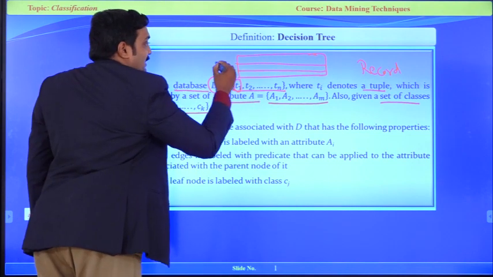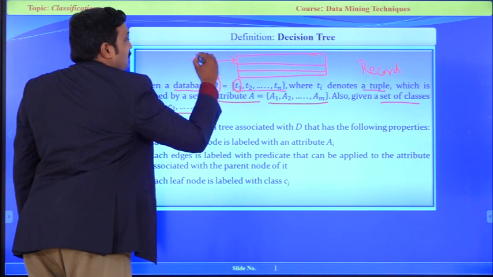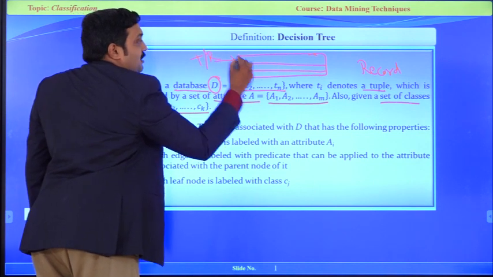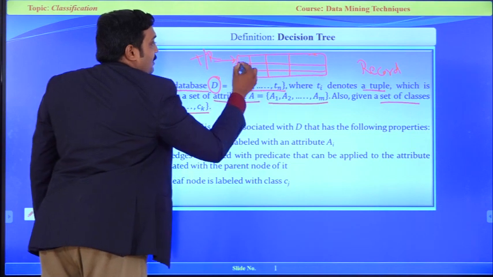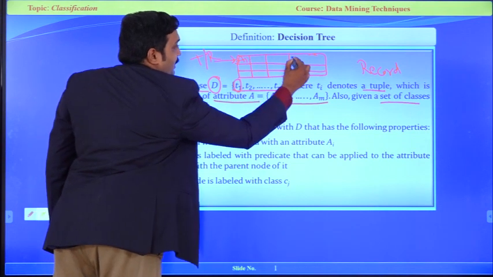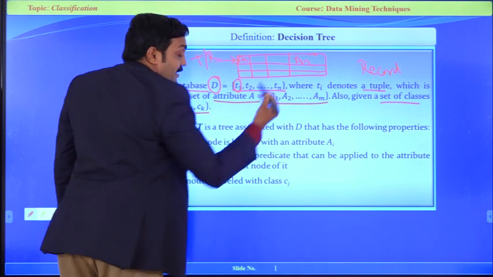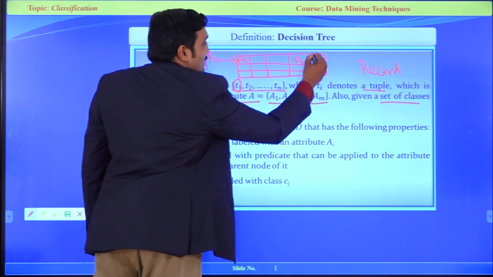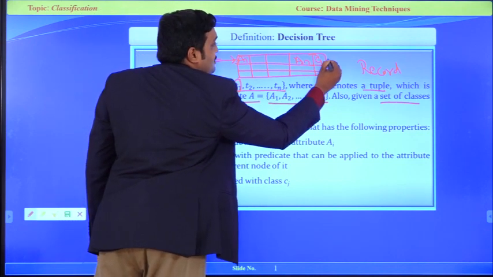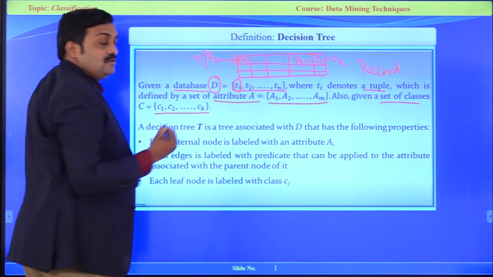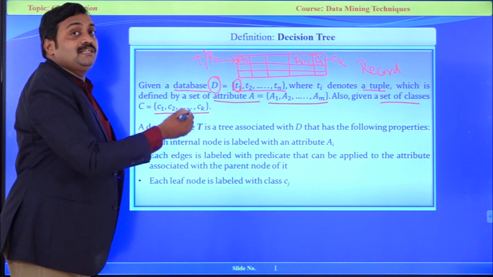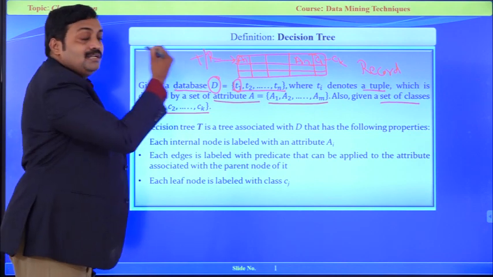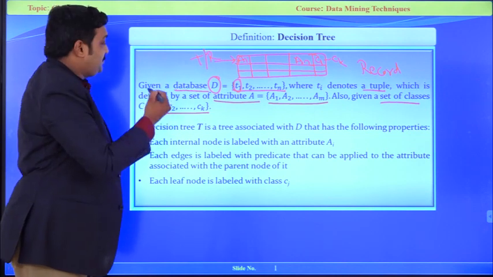Okay. Now, how are we going to derive a decision tree from this database?